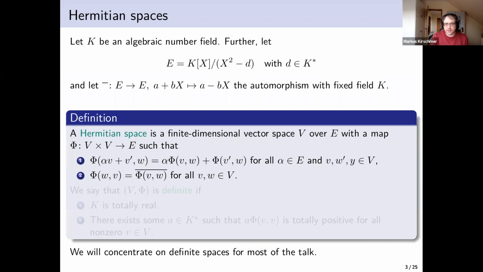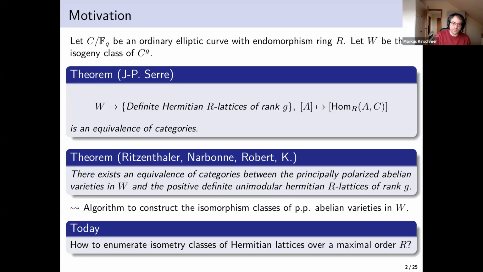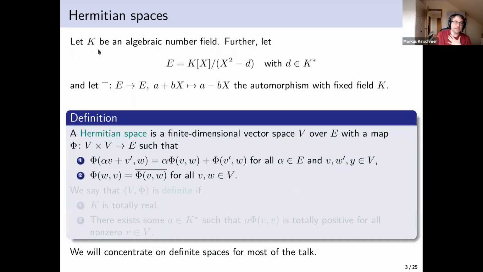Now, for the talk, we have a certain setup. First of all, we have to introduce Hermitian spaces, and then we can talk about these Hermitian lattices. During the whole talk, K is an algebraic number field. Later, if you want to look at this application here, then K is just the field of rational numbers.